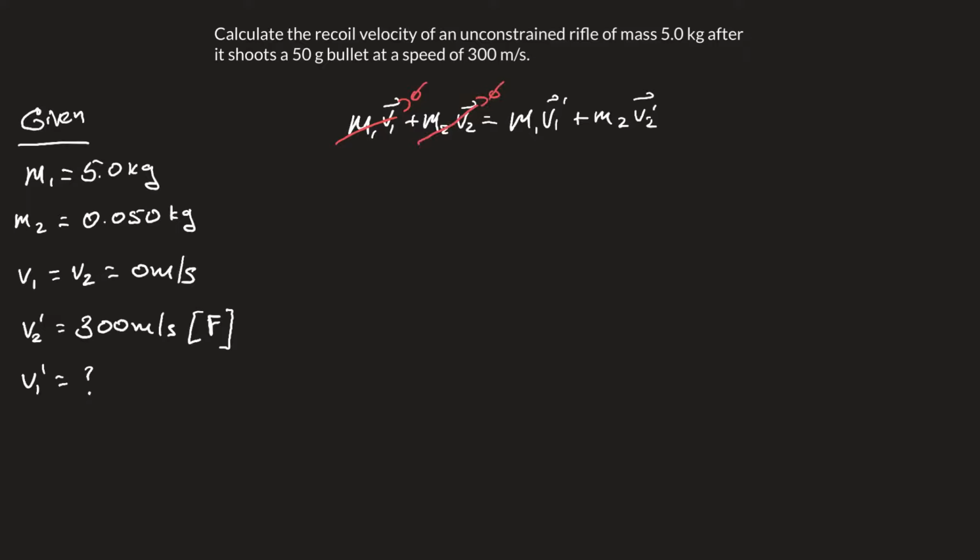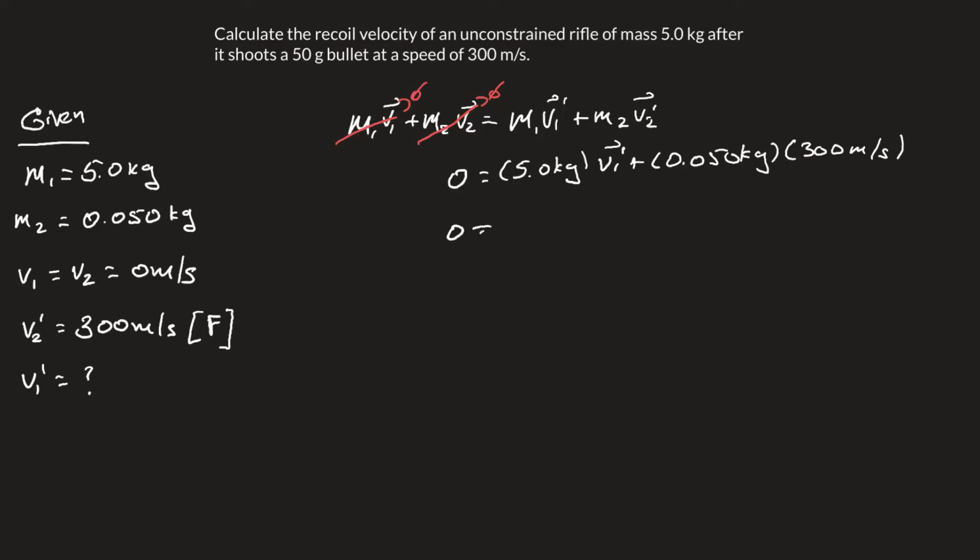So this leaves us with 0 is equal to m1, which is 5 kilograms, v1 prime, which is what we're ultimately solving for, plus m2, 0.050 kilograms, and v2 prime, which we have 300 meters per second, or positive 300 meters per second to be a little bit more precise.